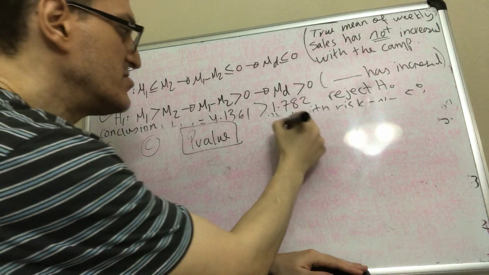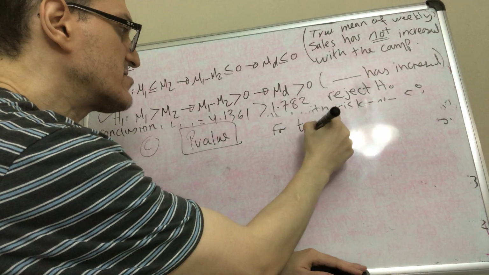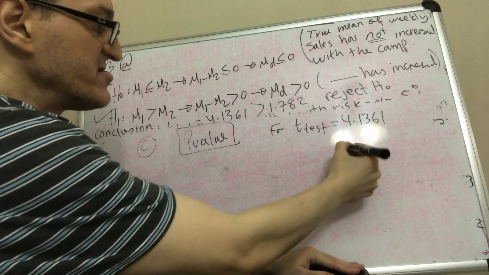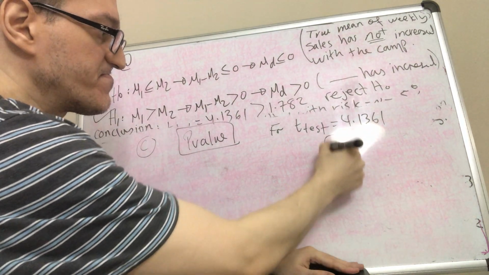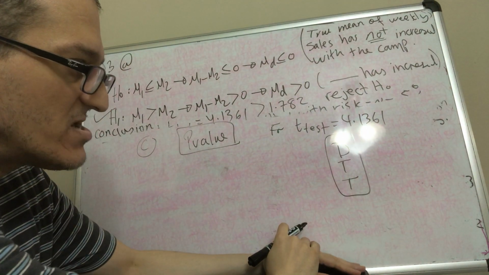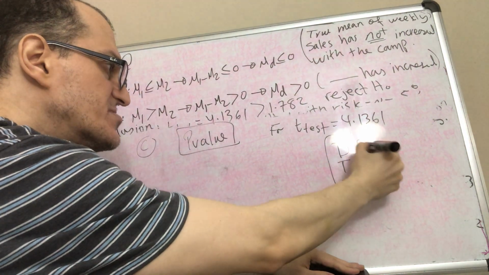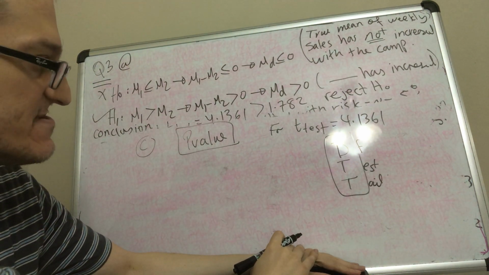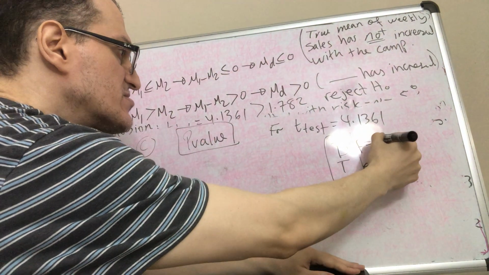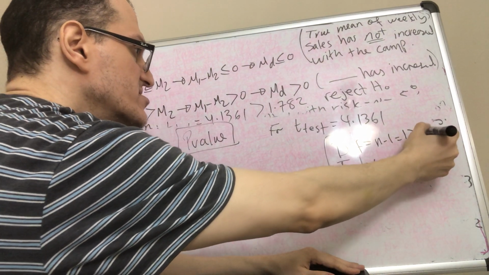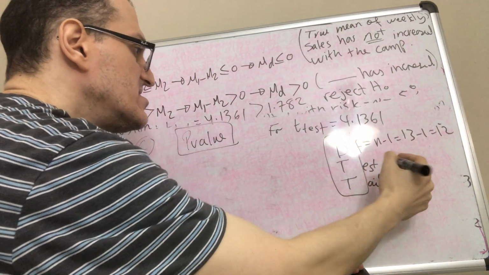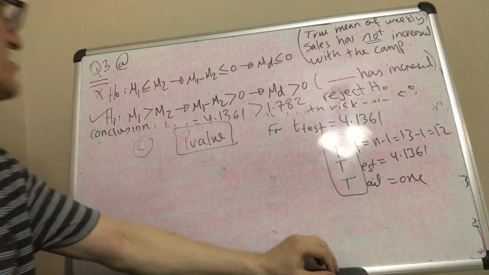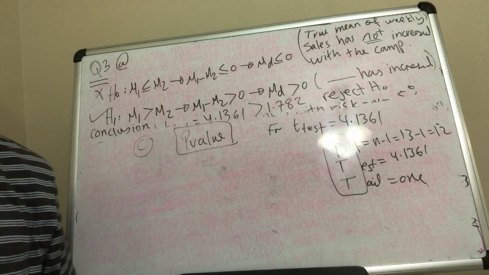To do the p-value for the t-test, which is this number, you need to do the DTT. D is degrees of freedom, test tail. Degrees of freedom, we know sample minus 1, 13 minus 1, 12. Test provided, and it's one tail because we say when it's greater, it's one tail.